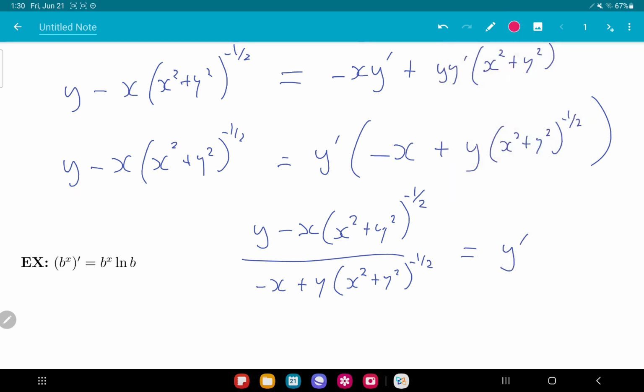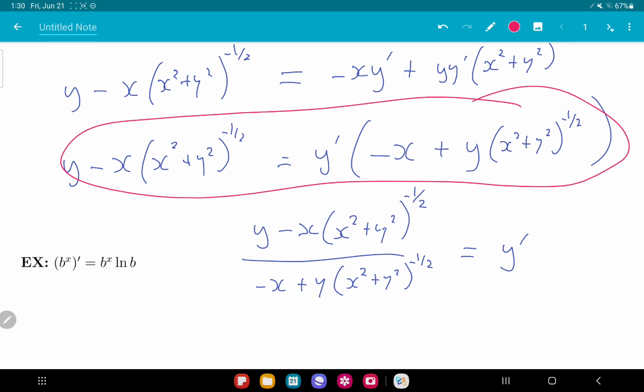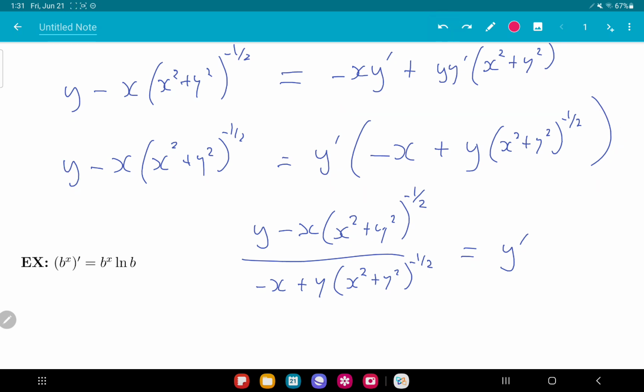So what I did was I had this equation and I divided both sides by this rectangle here. Okay, this is a negative exponent inside a fraction. That is a no-no. That's not simplified. So what I'm going to do is multiply this fraction, top and bottom, by x squared plus y squared to the plus 1/2. And that will take care of my unsimplified situation.